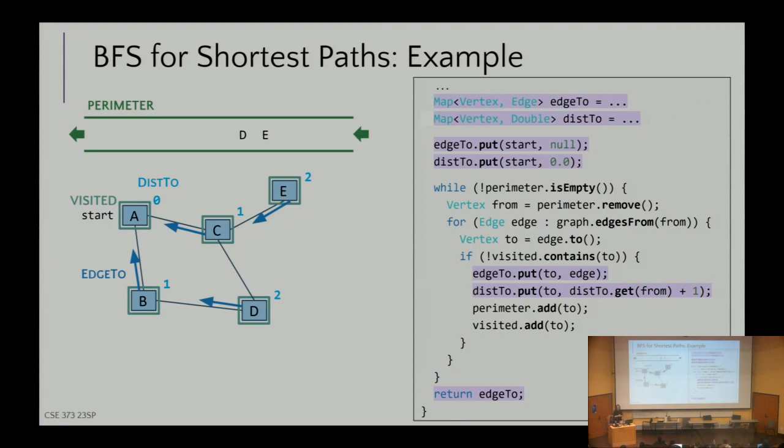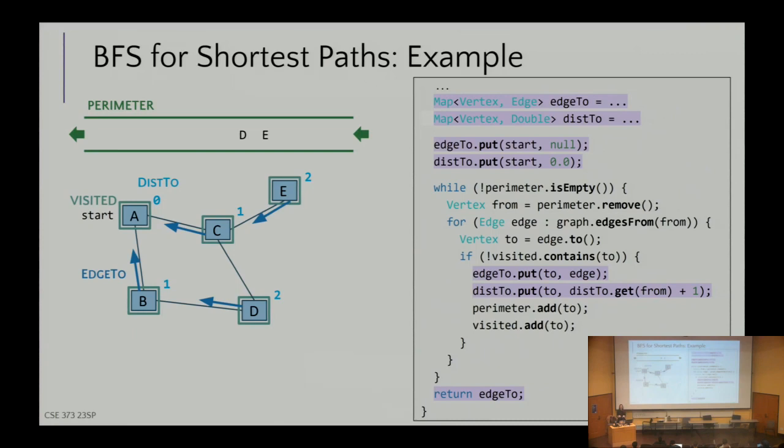In fact, as we're running this algorithm, every time something officially gets to this level and gets pulled from perimeter, whatever its current dis2 is guaranteed to be the shortest possible dis2. So if I eventually encounter my target as I am looping, then I know by the time I get there, I've found the shortest path, and I can break, return, get out of that, so I don't have to do any more unnecessary exploring.